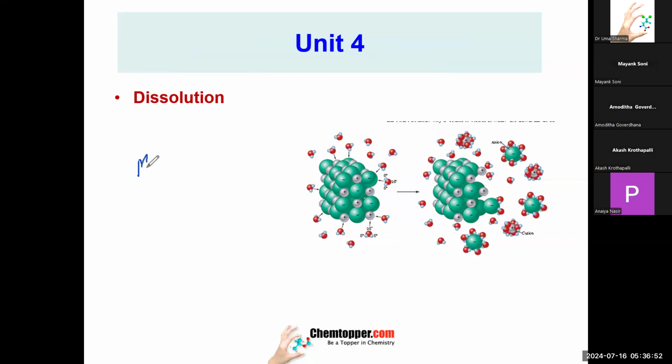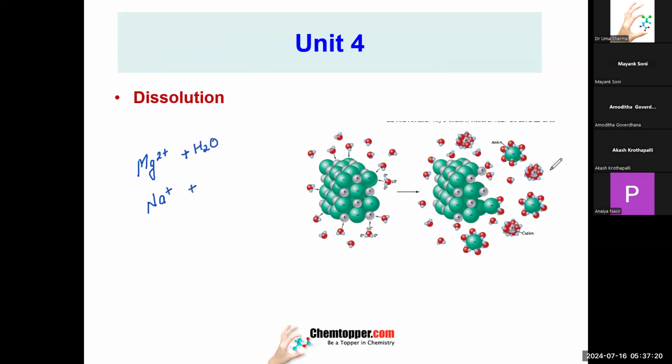If I give you Mg2 plus and Na plus, which one is smaller in size? This is a very good question. Which one is smaller in size? Look at the periodic table, look at the effective nuclear charge. Which one is smaller? Mg2 plus is smaller. Now I'm adding water to them.